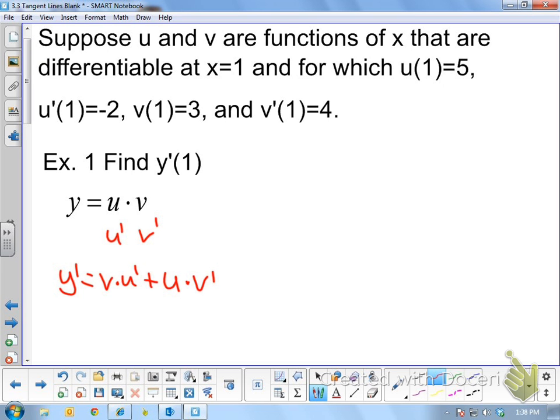But when we're presented with it in this form, we get stuck because it's not an actual function. We don't like working with things if they don't tell us what the function is. So how would I then find y prime of 1?